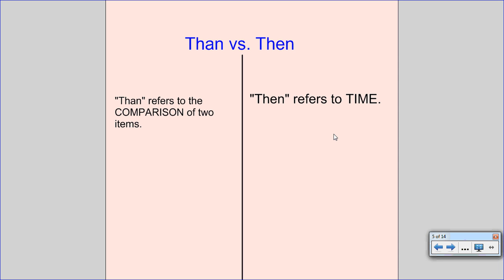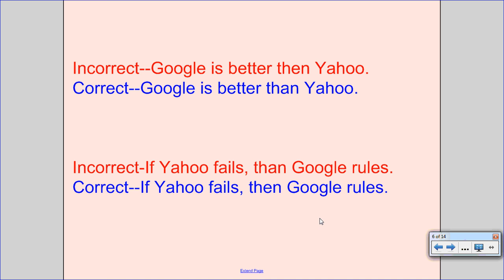And we as writers, we're typing through very quickly and we don't notice those errors. So please, as you're typing, make sure you notice those errors. Just simple examples. Incorrect: Google is better then Yahoo. Correct: Google is better than Yahoo. Incorrect: if Yahoo fails, than Google rules. Correct would be: if Yahoo fails, then Google rules.